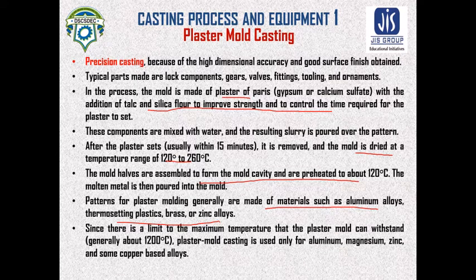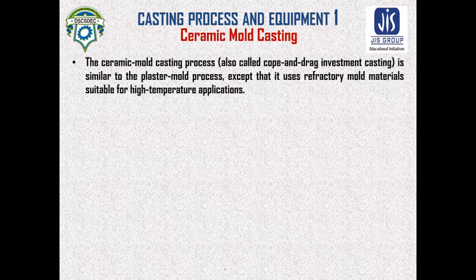Since there is a limit to the maximum temperature that can be resisted by a plaster mold, the plaster mold can be used for casting only aluminum, magnesium, zinc, and some copper based alloys. Now, ceramic mold casting is similar to plaster mold casting, except it uses refractory mold material, which is suitable for high temperature application.